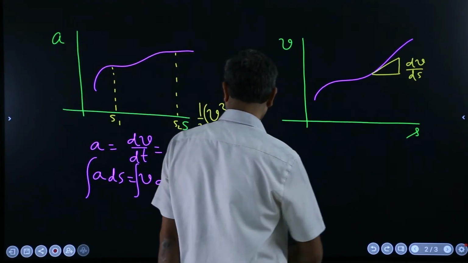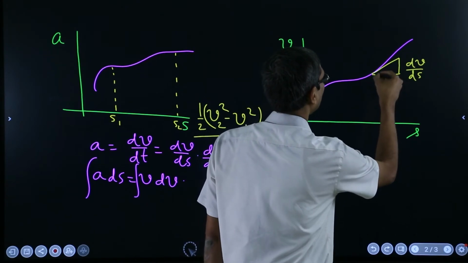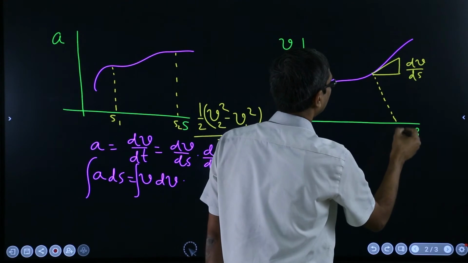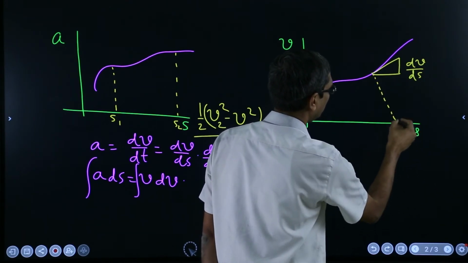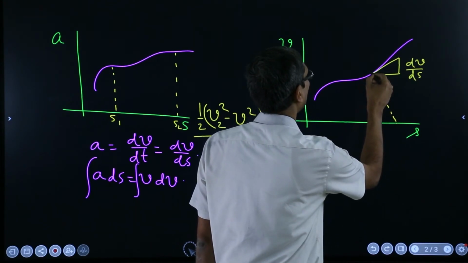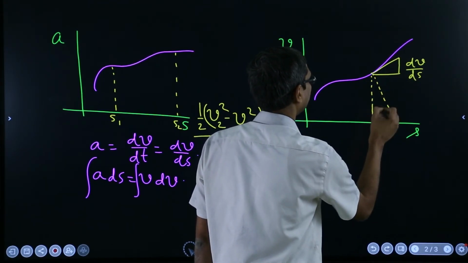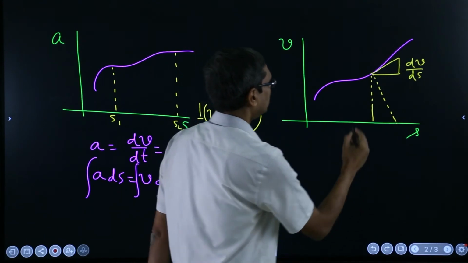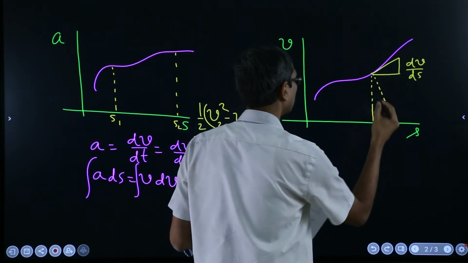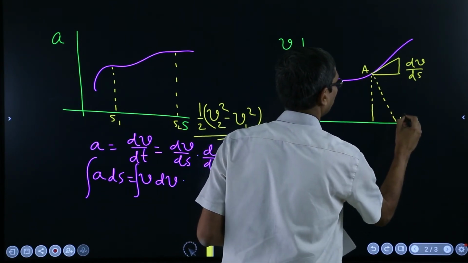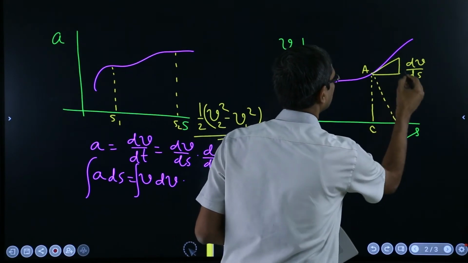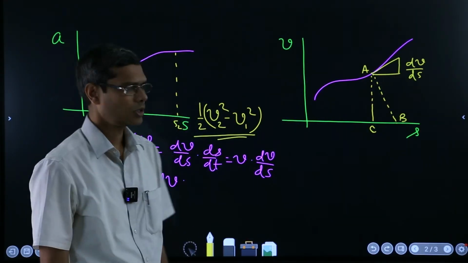Now if you draw a perpendicular from that point, and let this perpendicular meet the s axis at this point, and you drop a perpendicular like this, then name this triangle ABC. This triangle ABC is similar to this one.